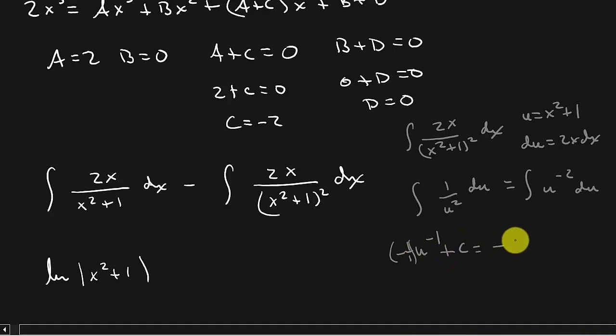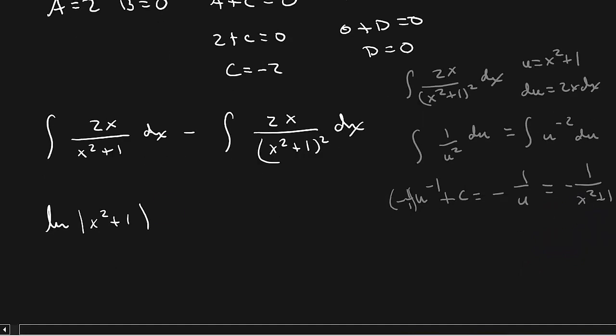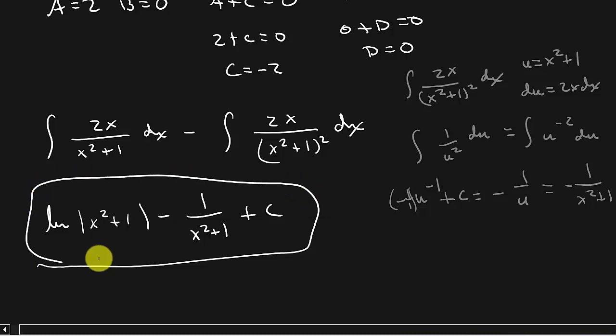So that's negative 1 over u, which is negative 1 over x squared plus 1. So let me change colors. So minus 1 over x squared plus 1 plus c. All right, so that one worked out.